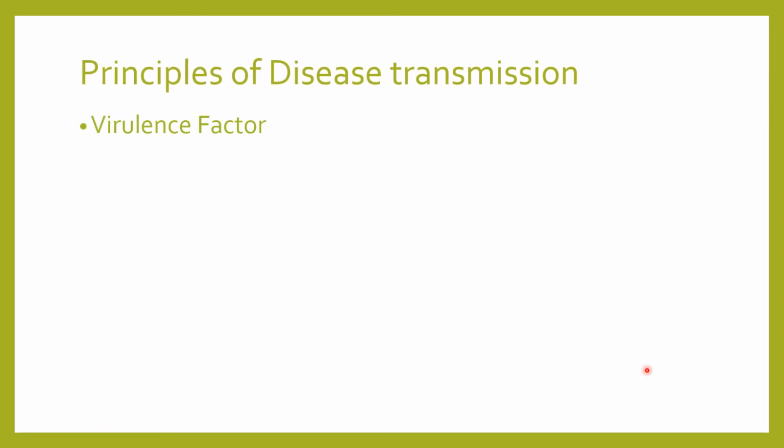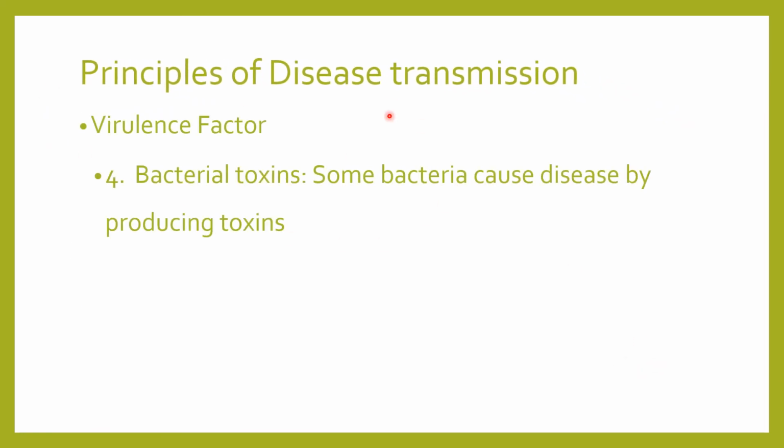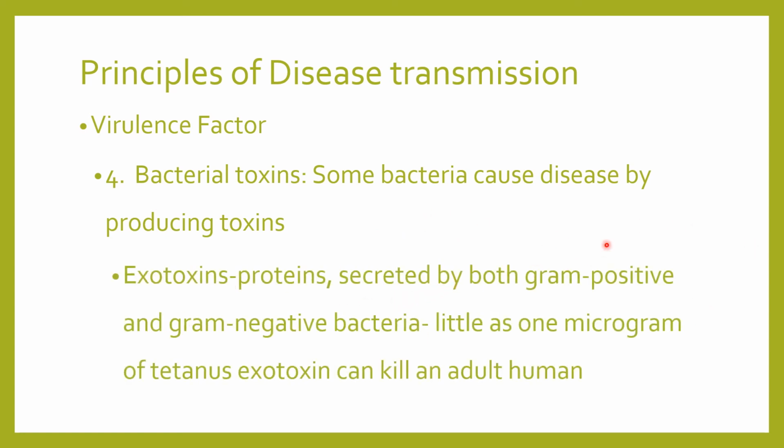Next would be the production of your bacterial toxins. Some bacteria cause disease by producing toxins, especially your gram-positive bacteria that can produce exotoxins, but also your gram-negative. So exotoxins are produced by your gram-positive and your gram-negative.